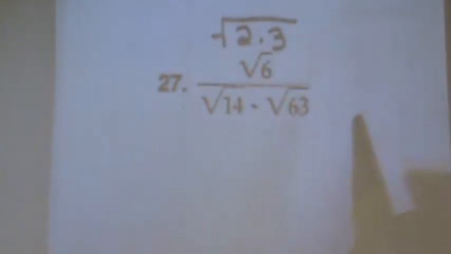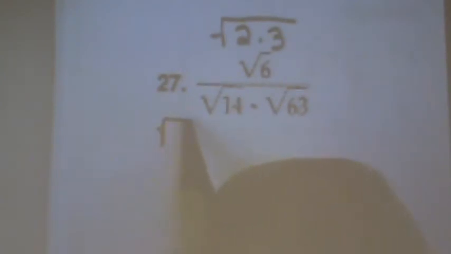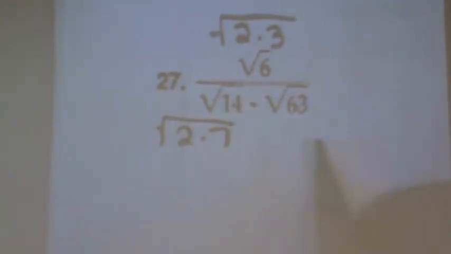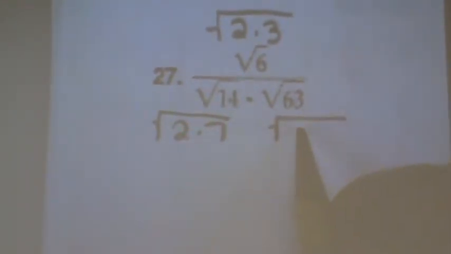Okay, 27. Did you know if your indexes are the same and you're multiplying and dividing, you can cancel? So for example, see this 6? I'm going to write it up here. Did you know that 2 times 3 is 6? And 14 is 2 times 7. And 63 is 9 times 7.